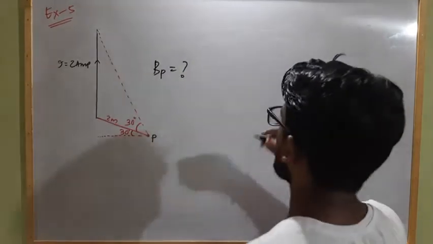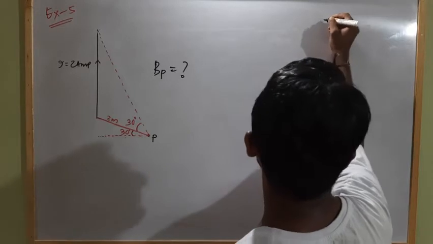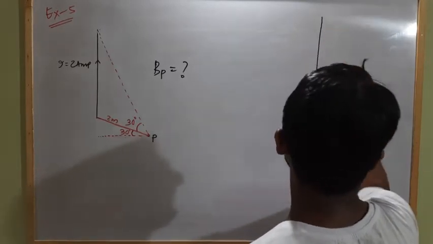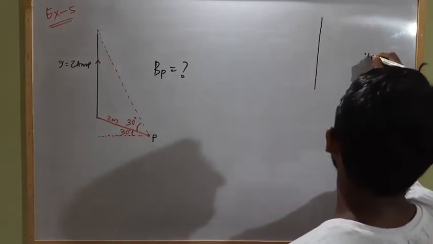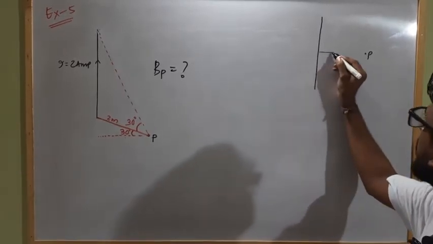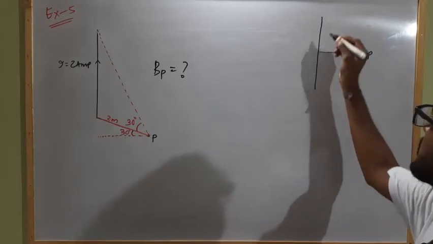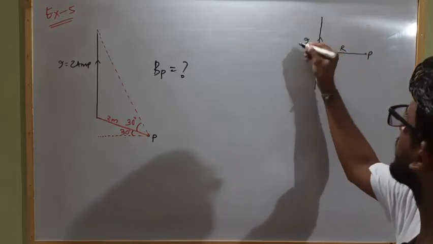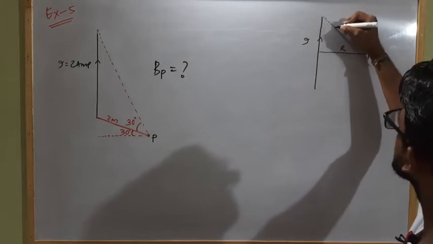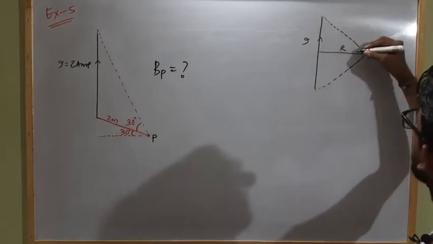As we already discussed earlier, if this is a long straight current carrying conductor, this is the point of observation P, and this is the perpendicular distance denoted by R from this conductor which carries current I, and these two ends of this conductor make angles.